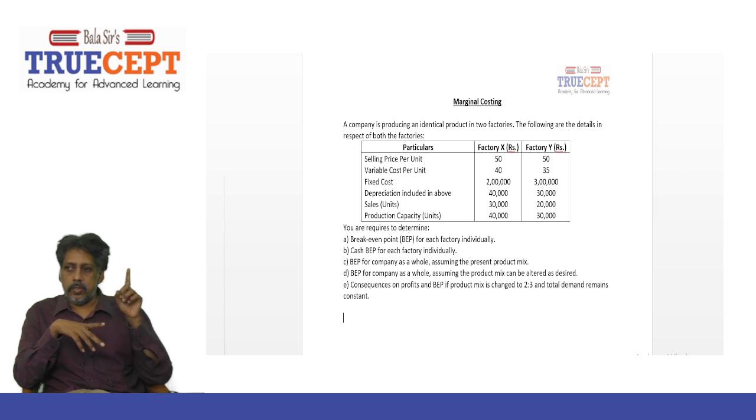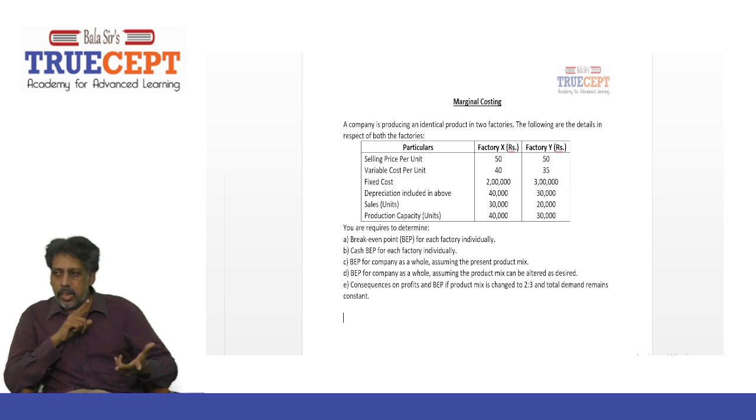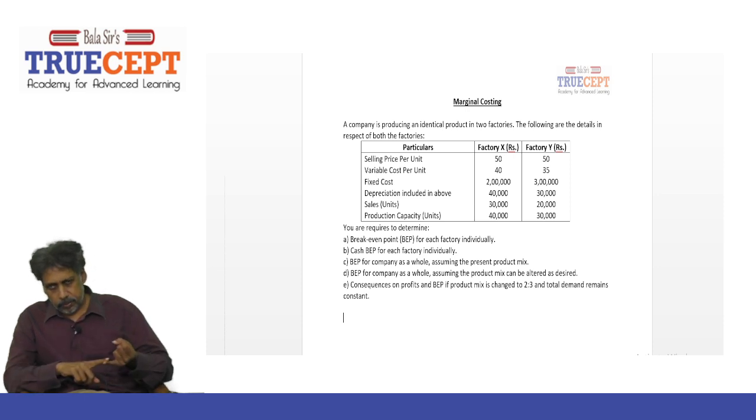Okay, guys, let me discuss this first. Now, what is the selling price given for factory X? 50. So, you are producing the same product in two factories, X and Y. So, in factory X, what is the selling price? 50. And what is the variable cost per unit? 40. That means you should know by now the contribution is rupees 10 per unit. That is the unit selling price minus the unit variable cost.